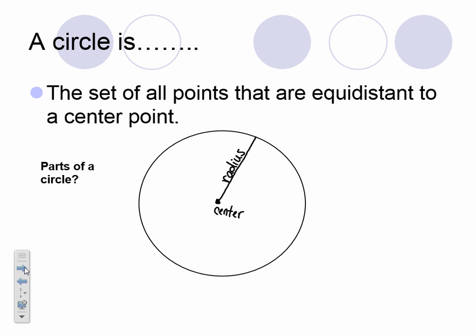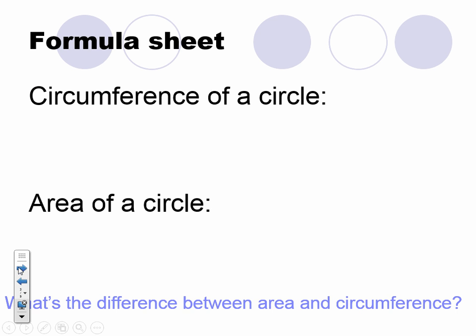Now if we go all the way across the circle, through the center, that's called a diameter. And that would be twice as long as the radius. So all the way through the circle in the center is a diameter, and a radius is only halfway across. But every circle needs to have a center spot right there. There are other parts to a circle, but this is just the basic stuff that we're going to work with right now. And from there, we need to go into your formula sheet now.